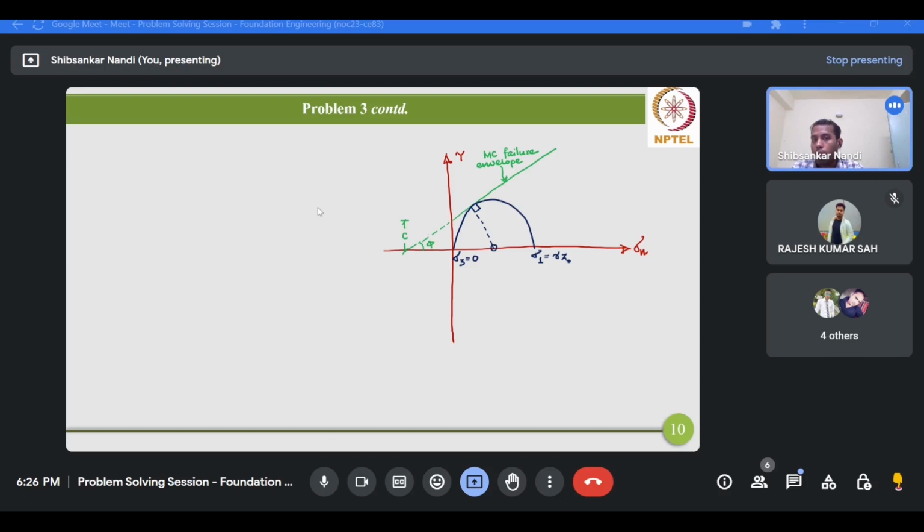Are you getting my point? So that means you should know this theta is used to represent the inclination of a plane.